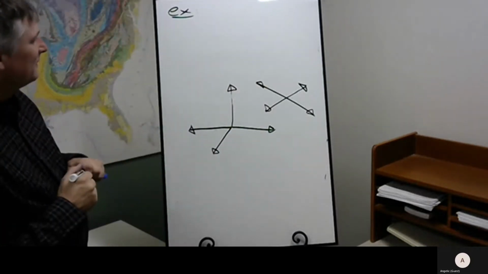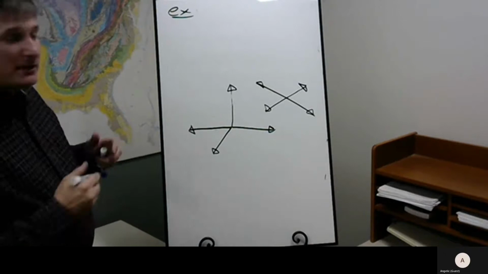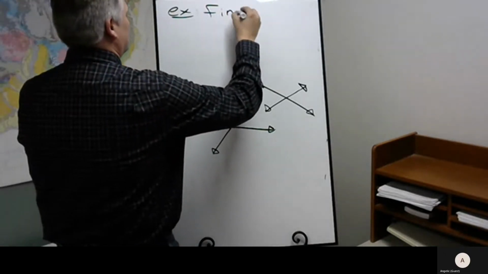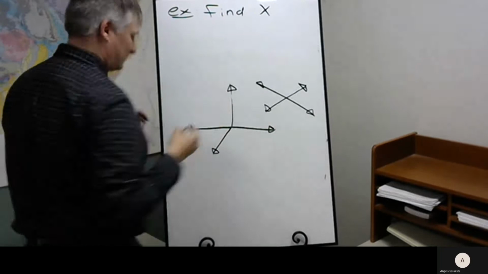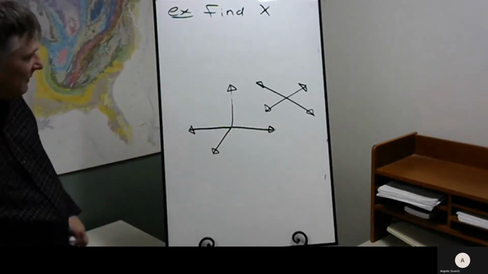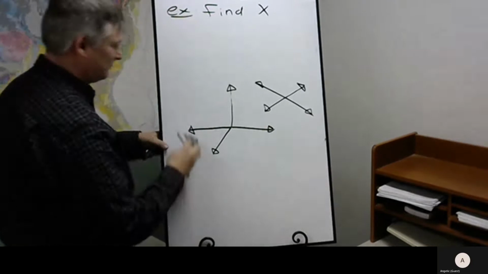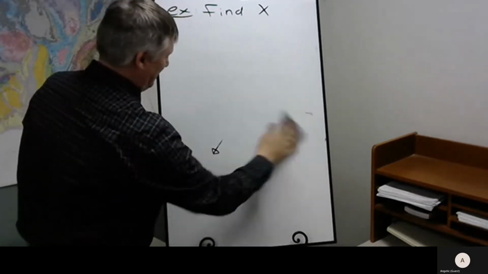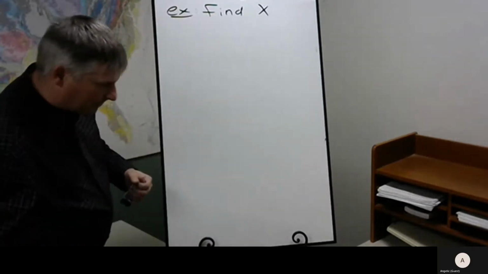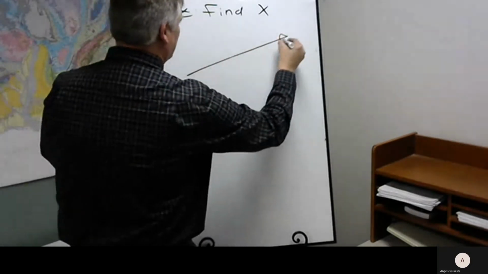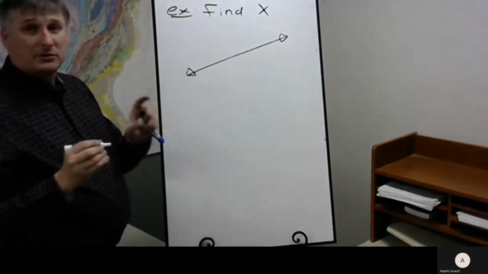All right. So let's say we've got this. So we have two lines. Again, no bends and no breaks.